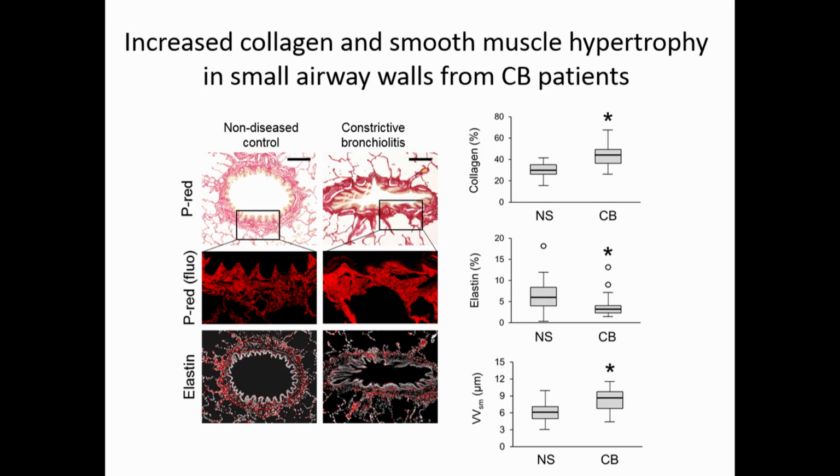And this is quantified as percent of the airway wall occupied by collagen up until the smooth muscle layer. So there's a marked increase in collagen despite the fact that the airway is not thickened. Elastin is decreased, and this is a volume density measurement of smooth muscle showing that smooth muscle hypertrophy is present. So these airways really are narrowed with a thick band of collagen and some increased smooth muscle surrounding them.